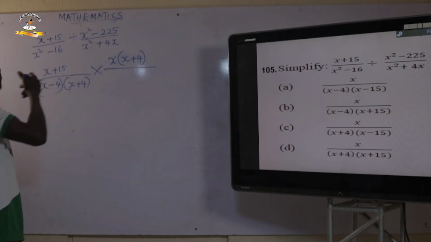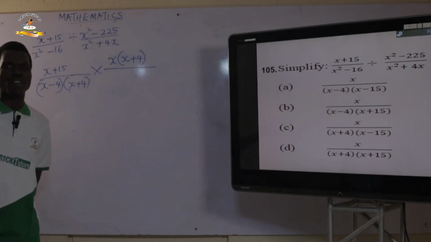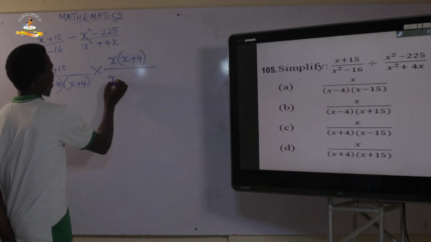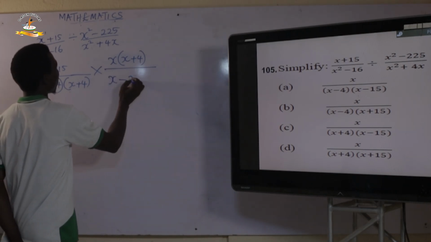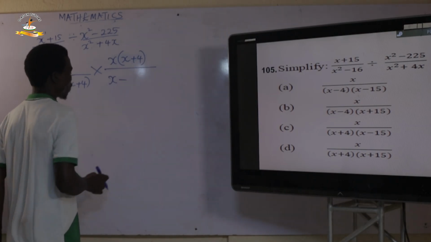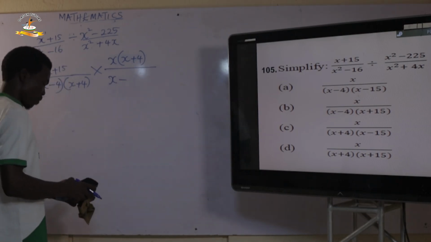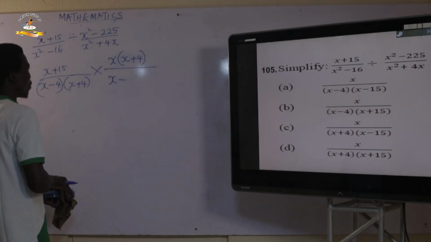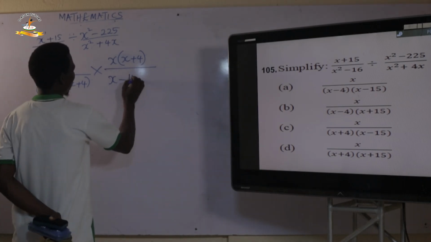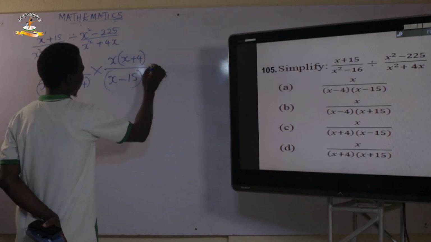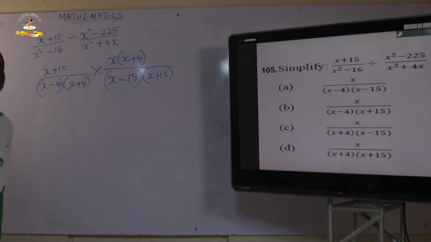And when you look at this one, it is also what? A difference of what? 2 squared. And it means I'm going to write what? X minus 15, because 15 squared, you can verify 15 squared is 225. So it will be x minus 15, x plus 15. See difference of 2 squared.